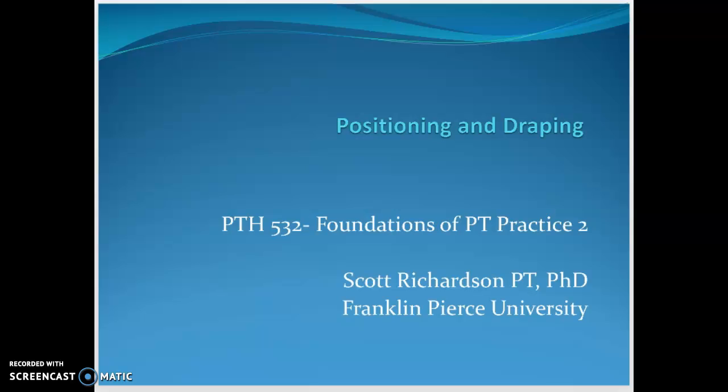And so for these patients who are unable to move themselves at all or as much as they typically would, often the physical therapist intervention is to protect their skin and joints and so forth. So that's kind of a general intro to Foundations 2, some of the different types of patients and settings that we will be discussing.